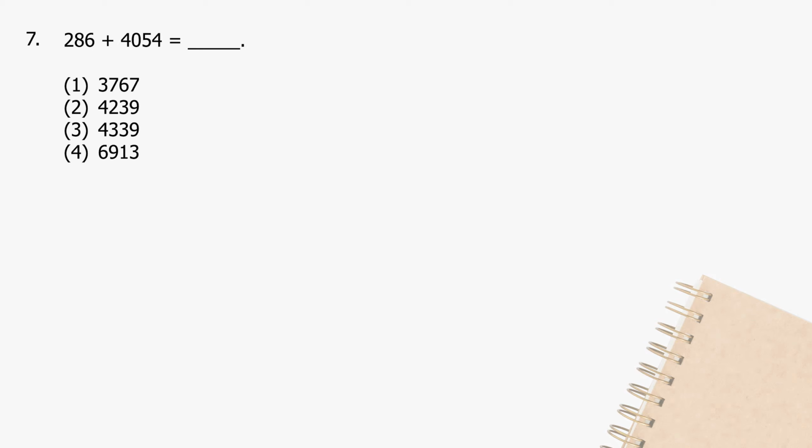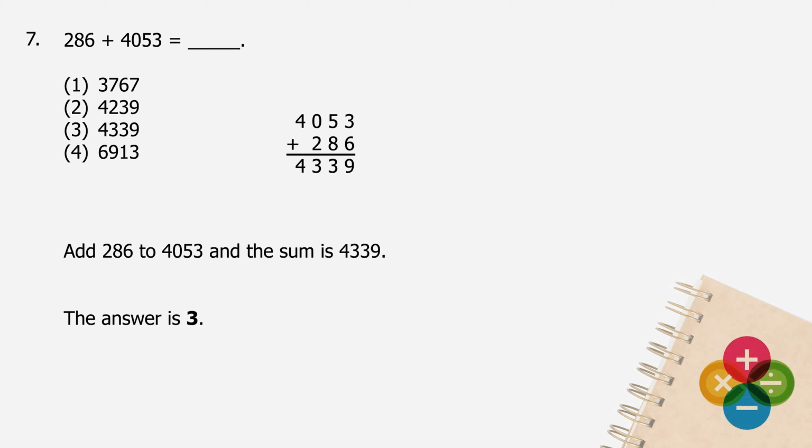Add 286 to 4053 and equal to missing number. Add 286 to 4053 and the sum is 4339. The answer is 3.